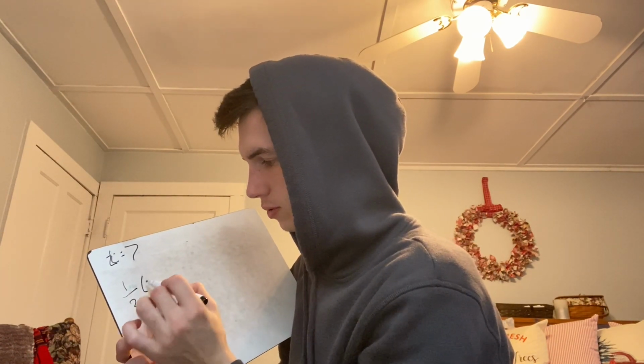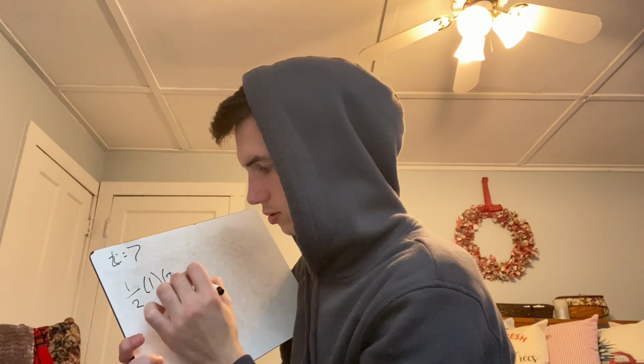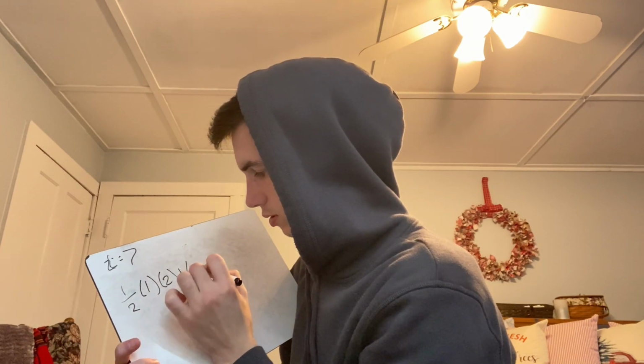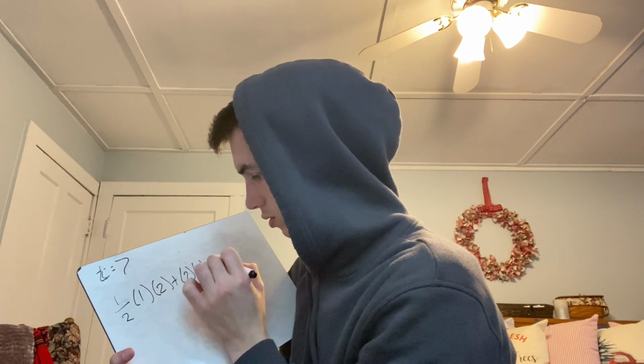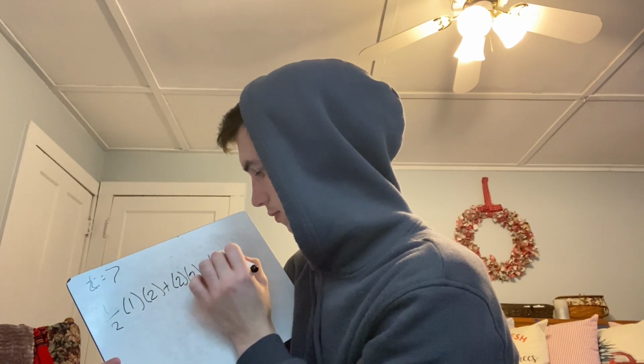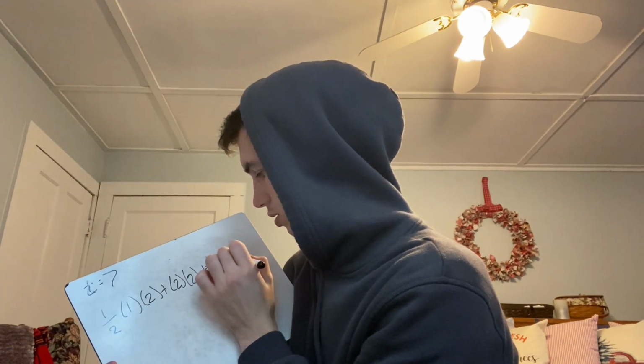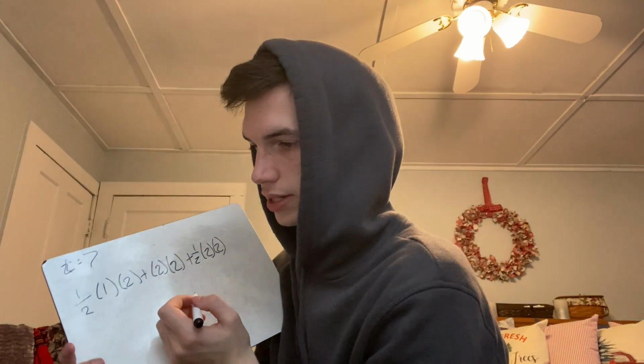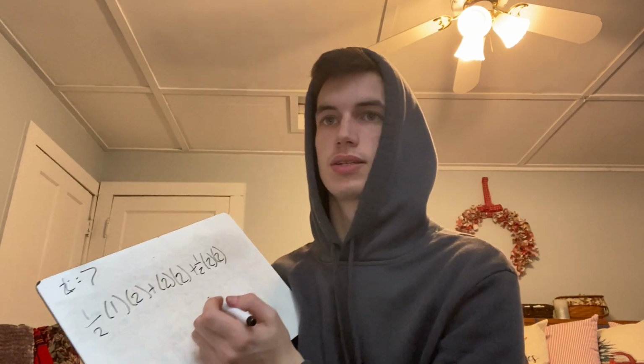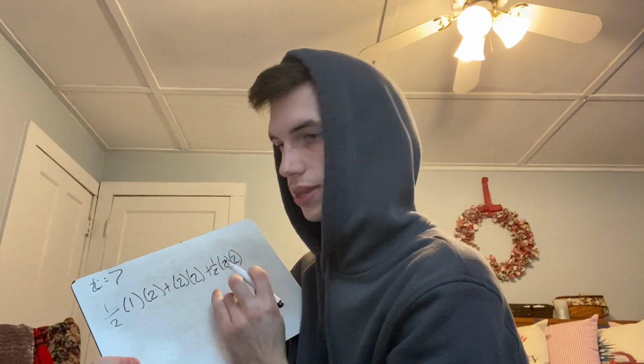For time t equals 7, we will do the same thing again. 1/2 times 1 times 2 plus 2 times 2 plus 1/2 times 2 times 2. And here is where it gets a little bit different, because as you can see in the graph, it goes below the x-axis.